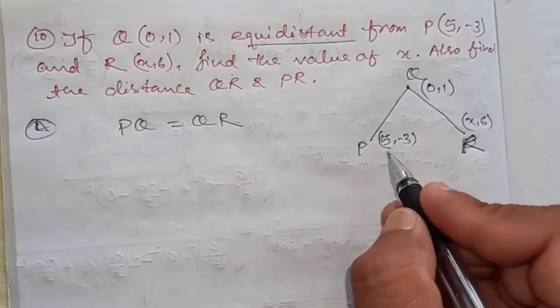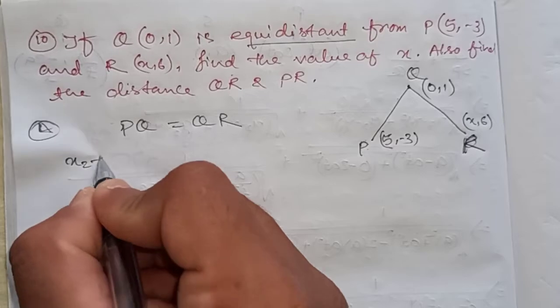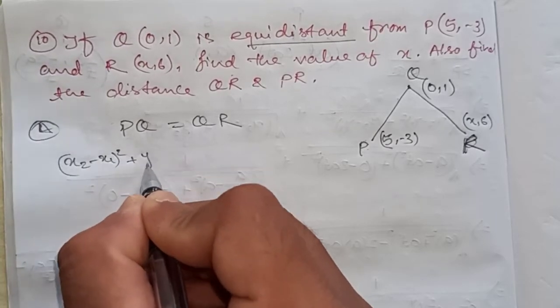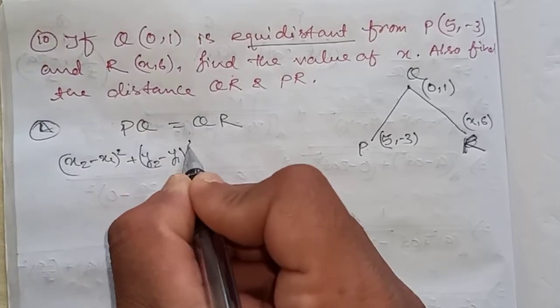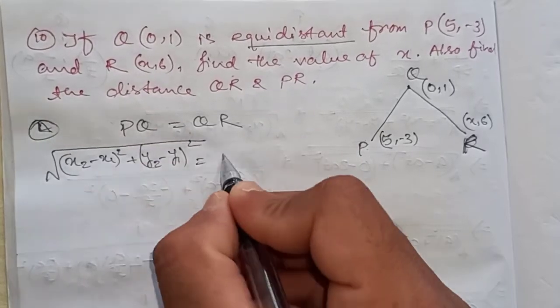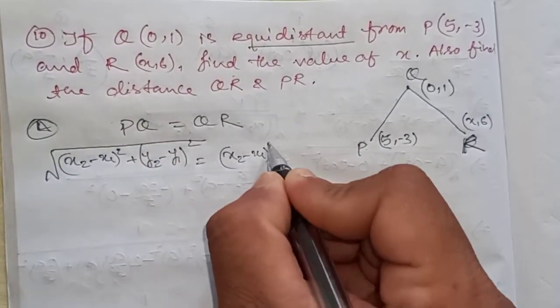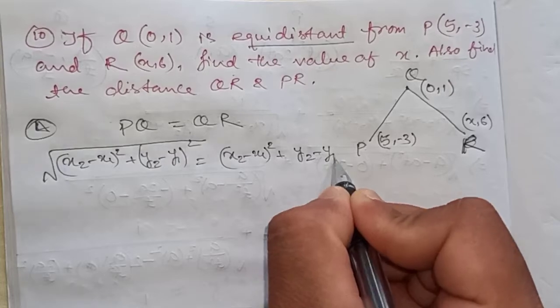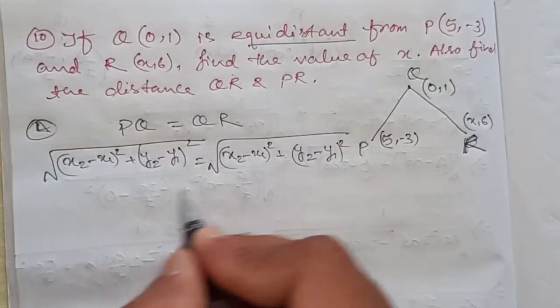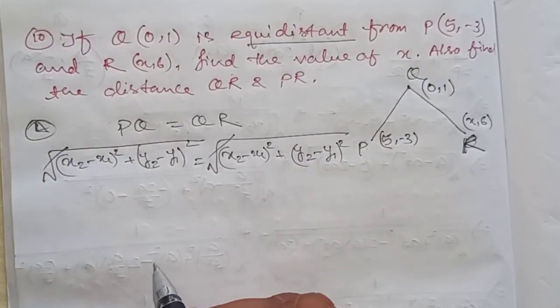Now use the distance formula, square root of (x2 minus x1) whole square plus (y2 minus y1) whole square equals again square root of (x2 minus x1) whole square plus (y2 minus y1) whole square. From both sides the square root will be cancelled.